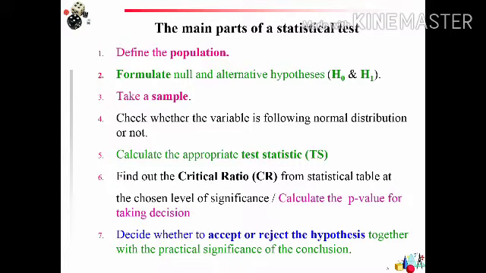Nowadays, the software is widely used for analysis, so the p-value will be obtained directly from the software. And using this p-value or critical ratio, you can decide whether to accept or reject the null hypothesis.